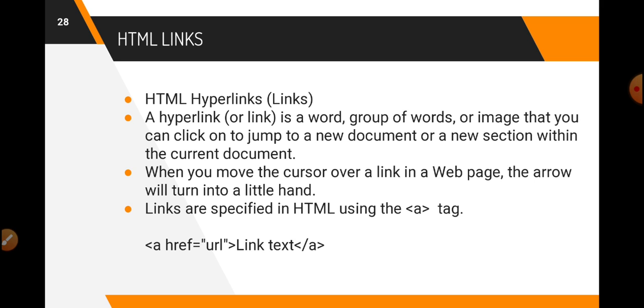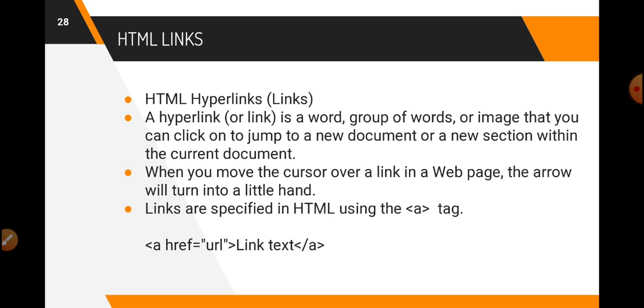So just like in our example, we have the start tag A, and then as you can notice, we use the href attribute. The value of that attribute should be the URL or the location where you want to send the user. So that means once the user clicks that link, where will it go?